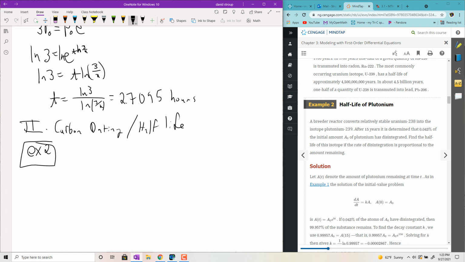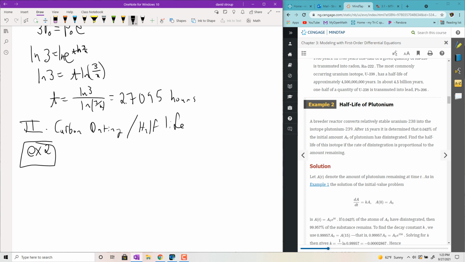A breeder reactor converts relatively stable uranium into the isotope plutonium-239. After 15 years, it's determined that 0.043% of the initial amount of the plutonium has disintegrated. Find the half-life of the isotope if the rate of disintegration is proportional to the amount remaining.